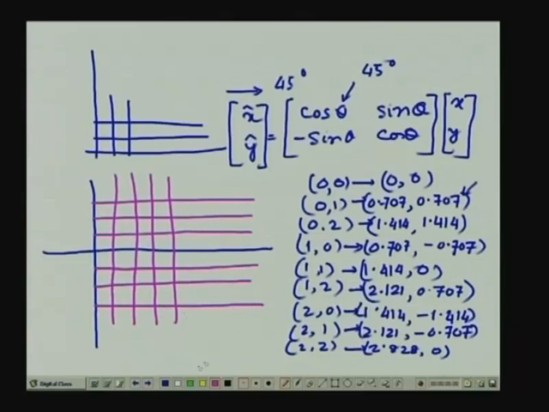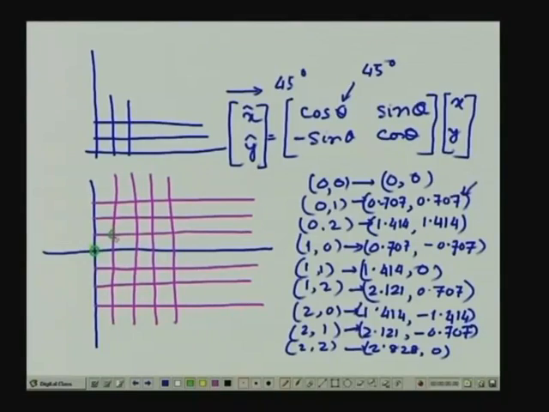The 0 0 location has been mapped to 0 0 location, so I have a pixel over here. Location 0 1 in the original image has been transformed to 0.707 and 0.707, so I have to take the nearest integer of these fractional numbers where this pixel will be put.